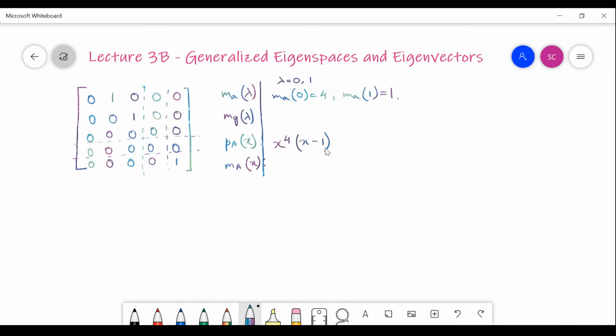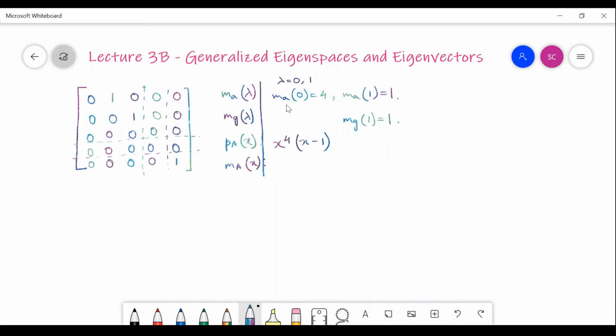This is the characteristic polynomial since there are 4 zero eigenvalues and 1 eigenvalue which is equal to 1. What would be the minimal polynomial? That remains to be found out. Since the algebraic multiplicity of the eigenvalue 1 is 1, of course the geometric multiplicity of this eigenvalue is also 1.